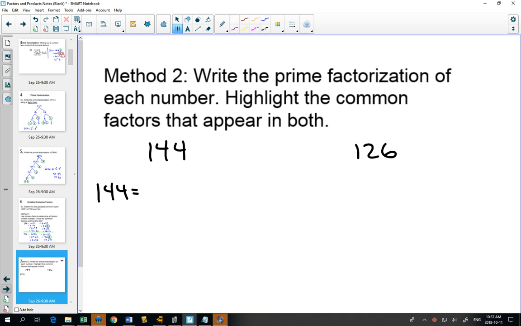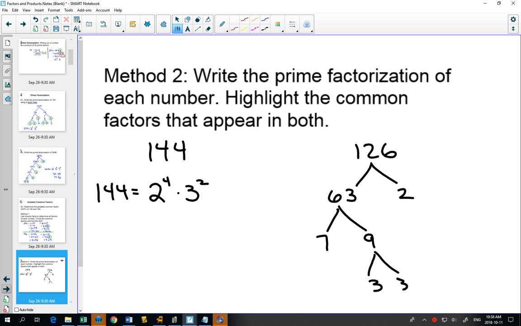Do you remember what it was? Was it 2 to the 4, 3 squared? Look back at our notes. Yes. 126. You know that that's 63 times 2. 63 is 7 times 9, and 9 is 3 times 3.